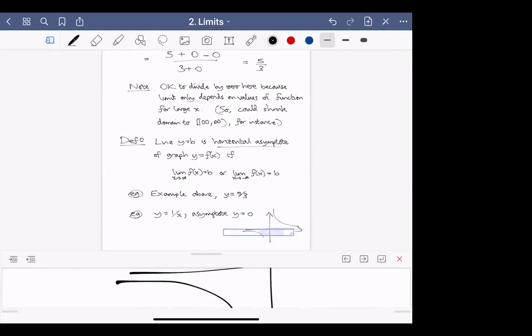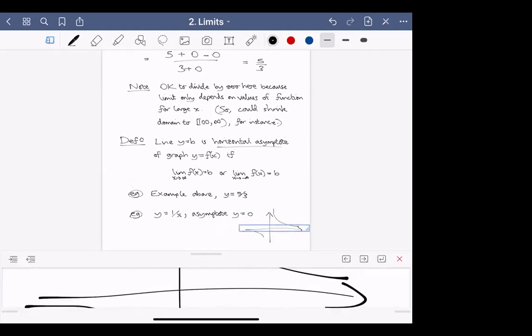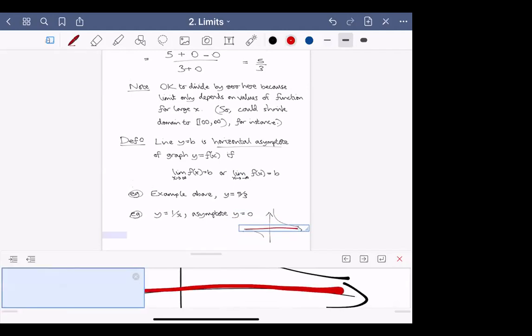So again, drawing this is the asymptote, and the graph is approaching that line as x gets bigger or x gets smaller. x gets bigger in the positive sense, or x gets bigger in the negative sense.